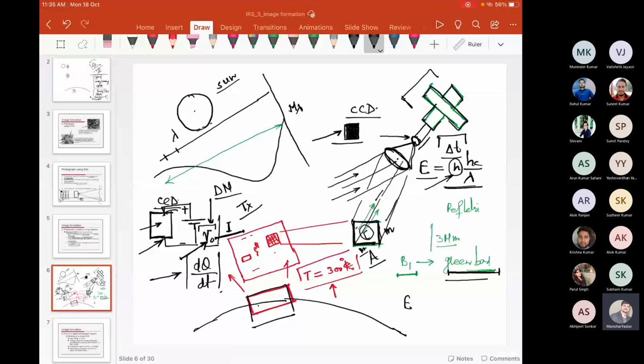Within this delta t, the total energy falling on the surface of the CCD is sensed, and it is hc by lambda. So there are a number of photons, and when these photons fall on the CCD, which is a photo device, a voltage is generated to allow the flow of electrons. So equivalent electrons are generated.